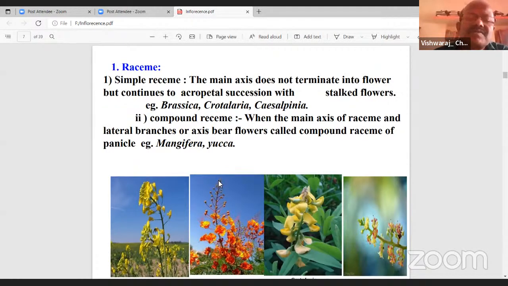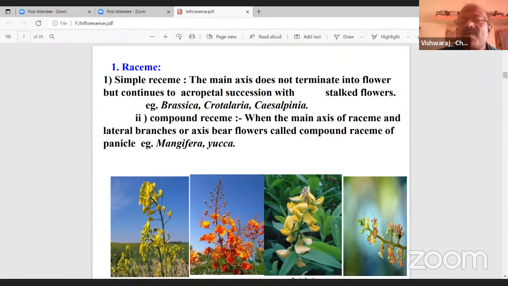Here are a number of flowers in bud condition, and they can grow and mature. On the basal position, flowers are fully mature, and the bud condition ones do not terminate into flowers.